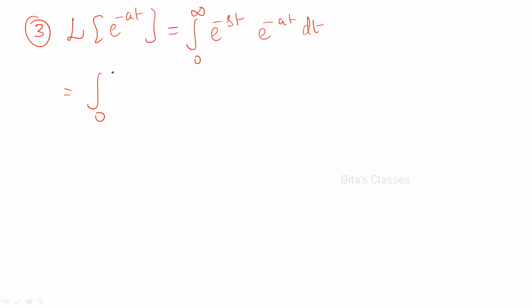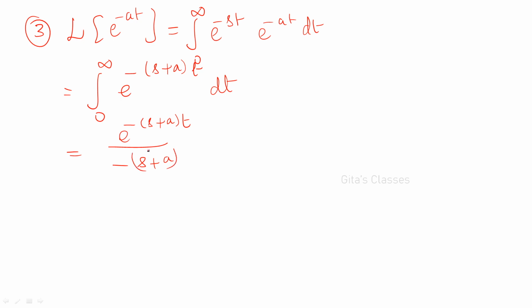That is integral 0 to infinity e power minus of s plus a into t into dt. If you integrate, e power minus of s plus a into t divided by minus of s plus a from 0 to infinity, I am taking minus 1 by s plus a outside.